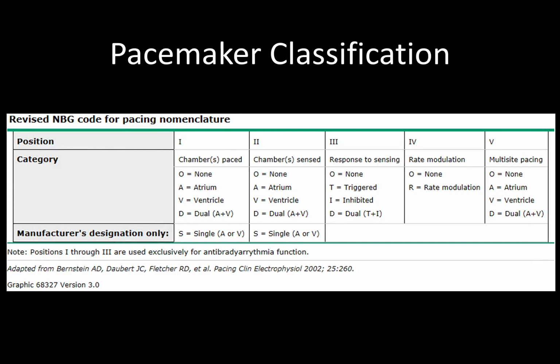Pacemaker classification. Like all things, we organize them in a way that we can tell the difference between one type of pacemaker versus another. I'm not going to go in great detail through this, but the idea is a progressive one, where we look at what chamber is paced, what chamber is sensed, how the pacemaker responds to the sensing.